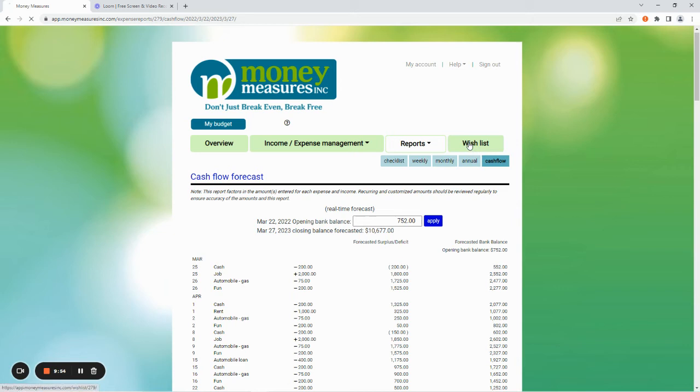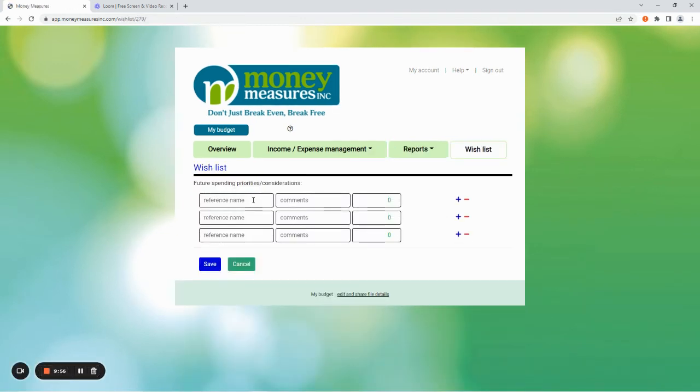There is also a wish list, things that you want to keep in mind that when you see that the money is there to get it, that you can. Maybe it's getting a new bike for yourself or for somebody else.